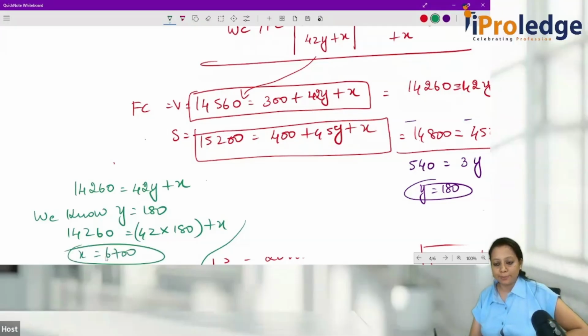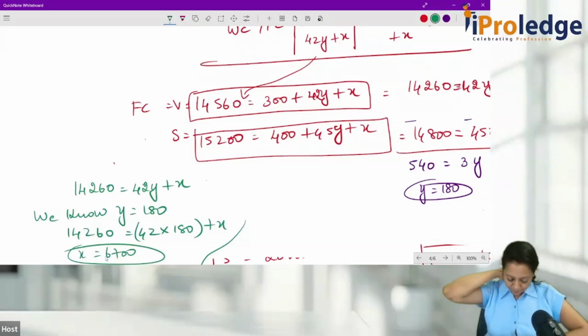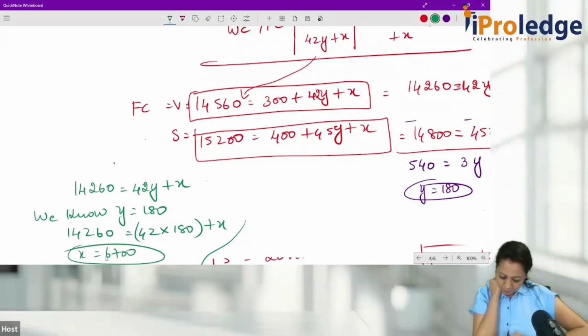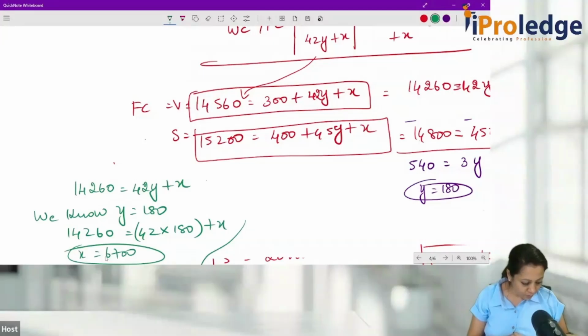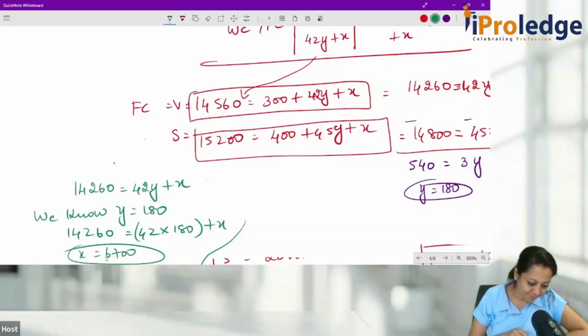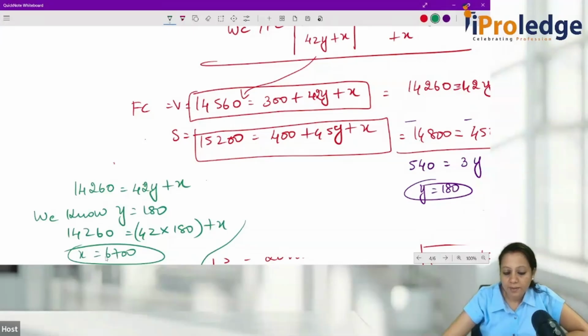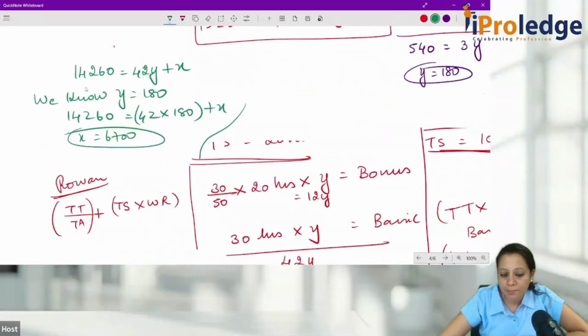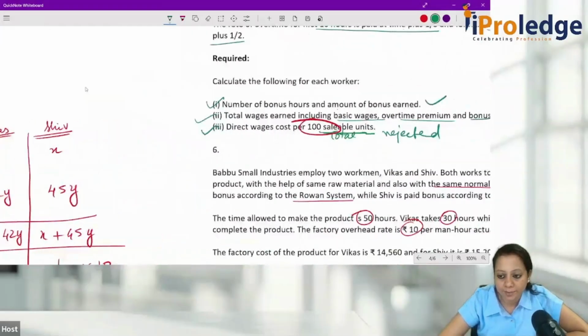Understood, everyone? So direct material cost, you will write down point number 1, is 6,700.